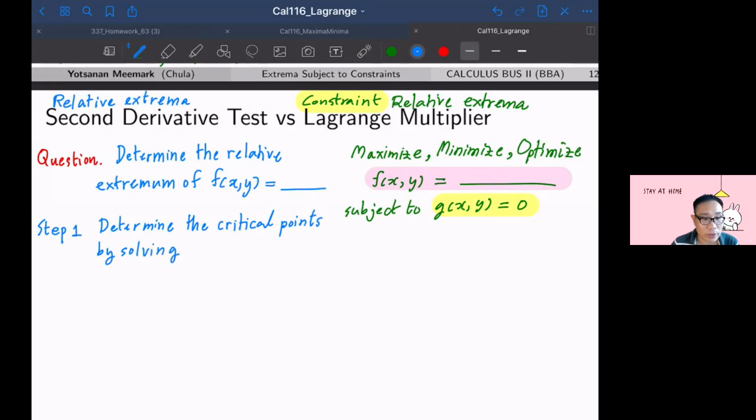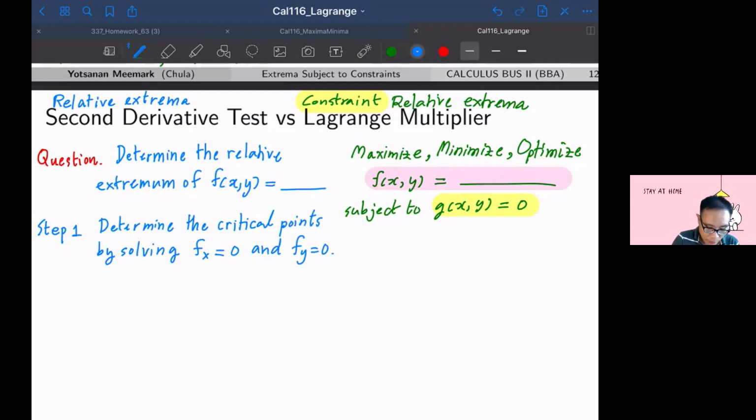The equations that you're gonna solve for the critical point will be fx equal to 0 and fy equal to 0. Okay, so you're gonna solve for the critical point.